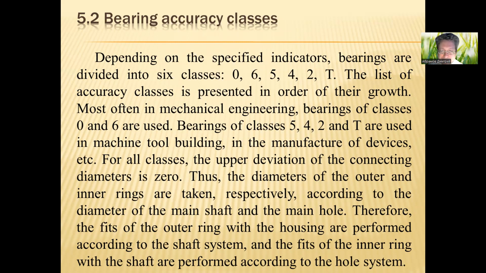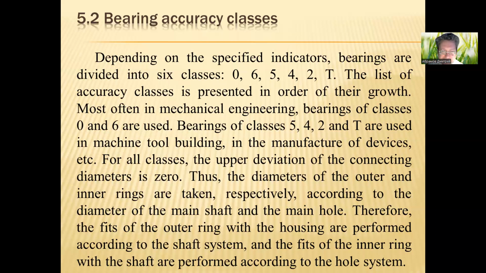For all classes, the upper deviation of the connecting diameters is 0. Thus, the diameters of the outer and inner rings are taken respectively according to the diameter of the main shaft and the main hole.